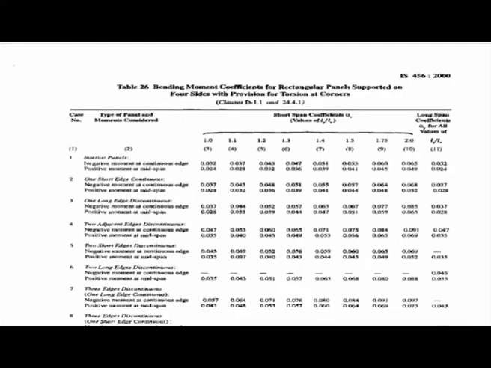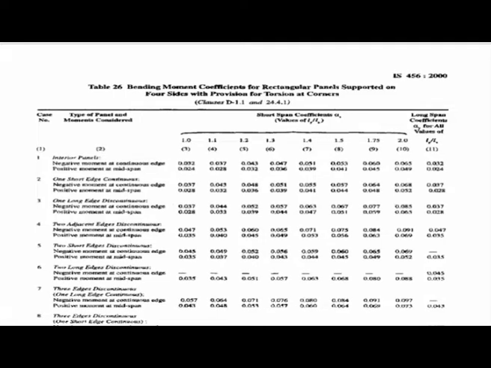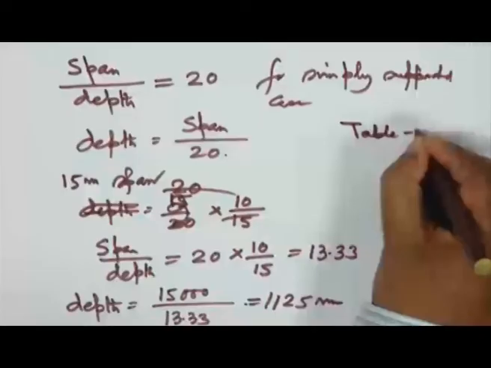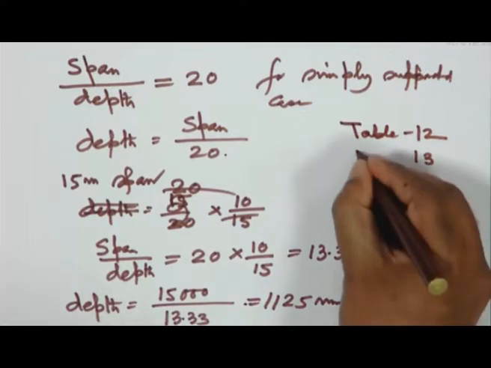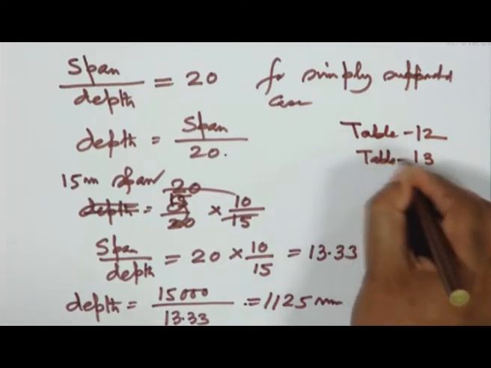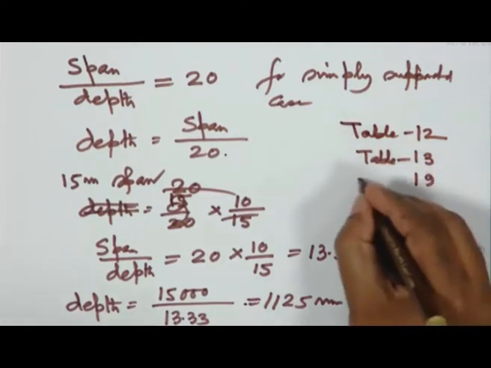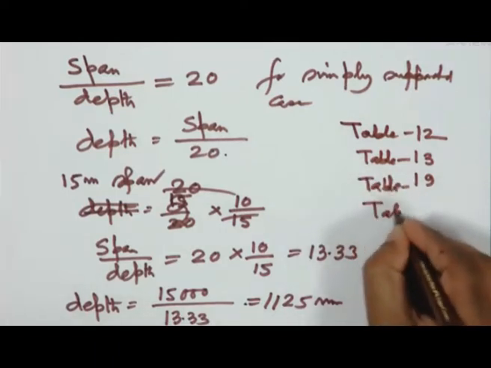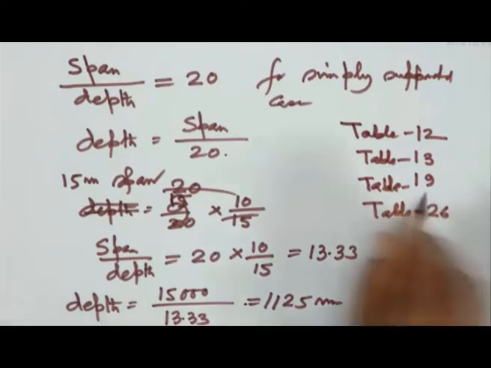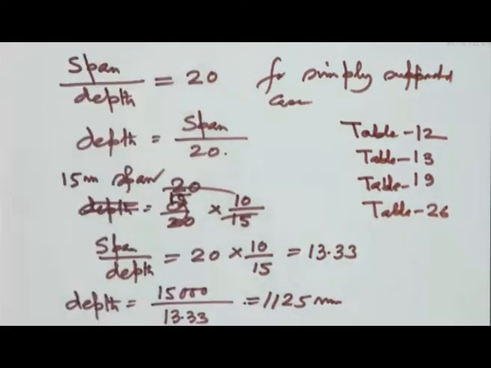This is Table 26. So for the time being, Table 12, Table 13, Table 19 and Table 26. These are the tables you can use.